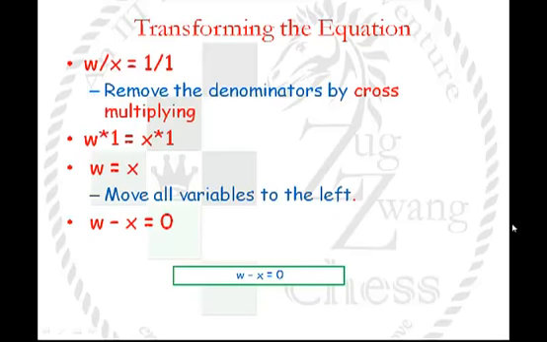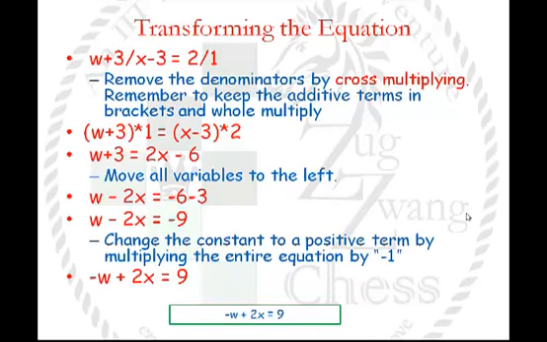What you end up getting on the left hand side is W into 1 and on the right hand side is X into 1. So it becomes W equal to X. However, this is still not in the regular form because you want to move all the variables to the left hand side. Now the equation is transformed into W minus X equal to 0. Now maintain the order, W being the first term, X being the second term, and the constant on the right hand side.